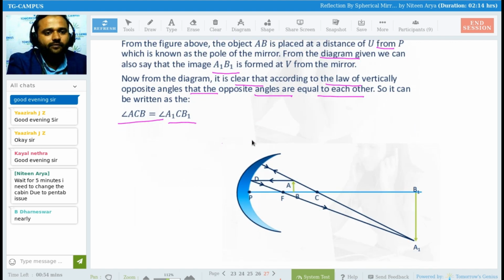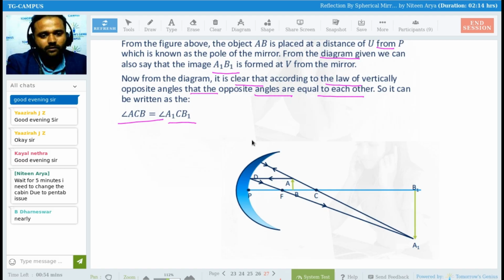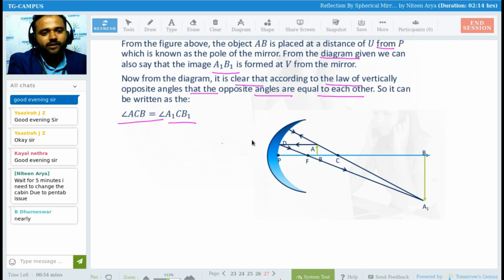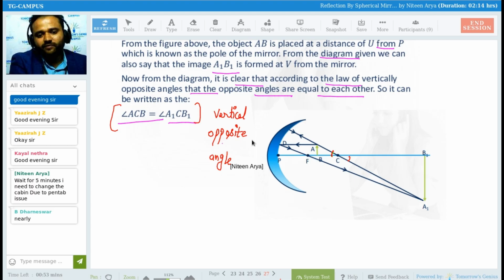On this diagram, as written in these lines, this is angle ACB. This angle is equal to this angle. Obviously, vertically opposite angles. So angle A1CB1 is equal to angle ACB. Vertically opposite. Is this clear? And the rest of the things I already described on the previous page.